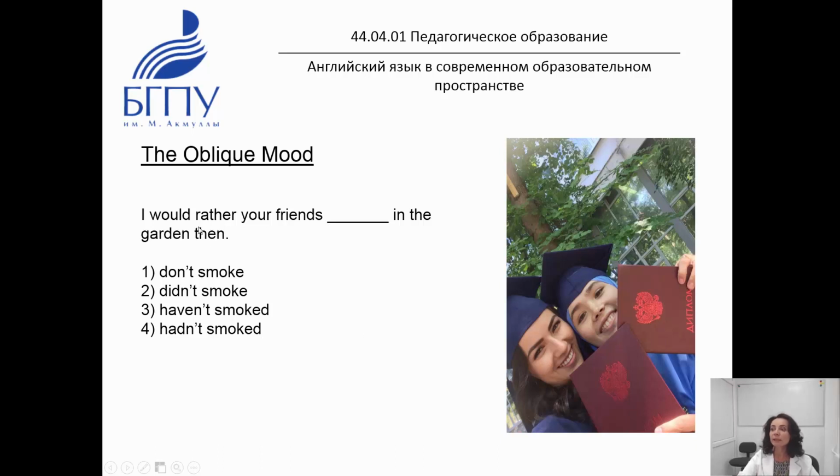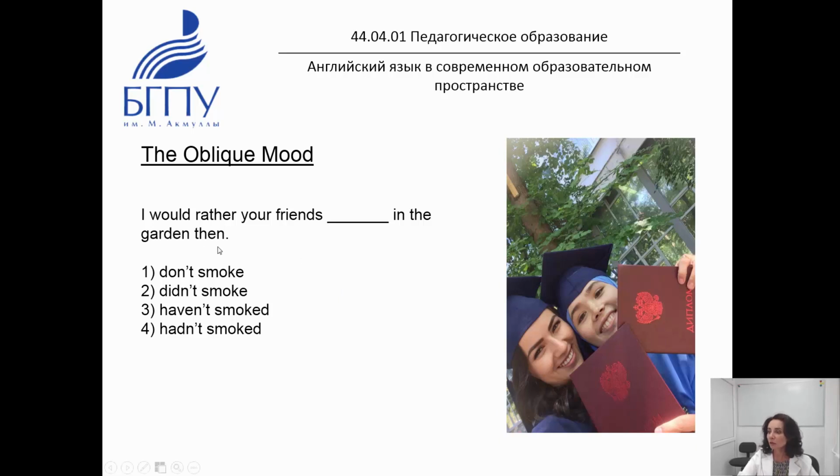For instance, if we eliminate this "then", I would rather your friends, then comes the insertion in the garden. The situation is different and already the regularity of action is implied. With the word "when", we need the priority of the action, and just this action is a definite action.